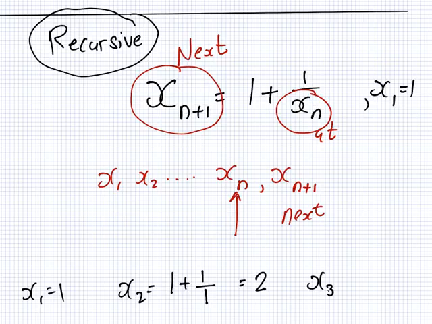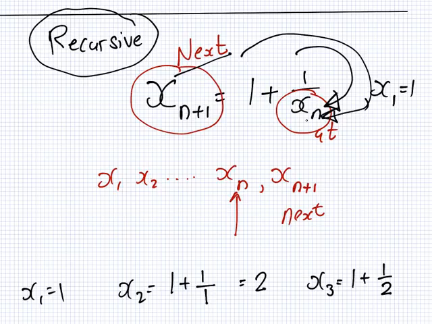And the next term would be 1 plus 1 over 2. Every time you get your answer, you put it back in here, and it gives you the next one. That's what it means to be recursive. It means you kind of have this loop.